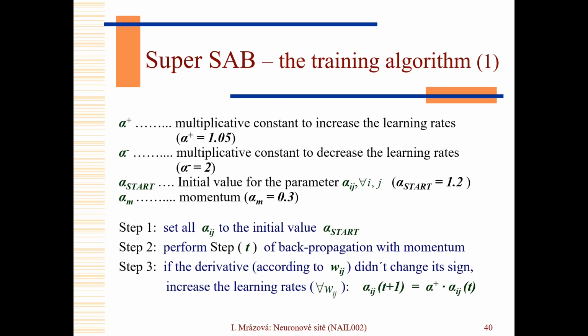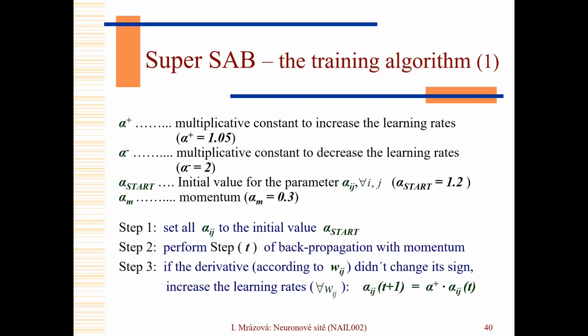In step 3, we will choose whether to increase or decrease the learning rates. So if the derivative, the gradient for the corresponding weight wij goes into the same direction like before, so if it didn't change its sign, then we will increase the learning rates for all the weights wij, because we go still into the same direction and thus we want to make the steps bigger.